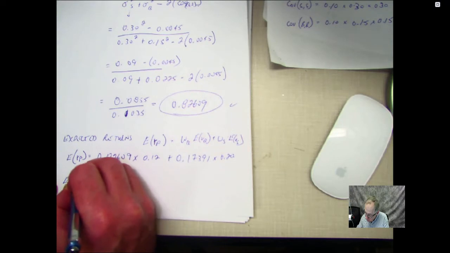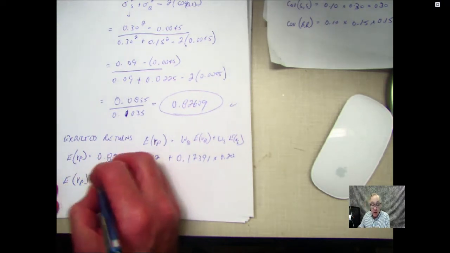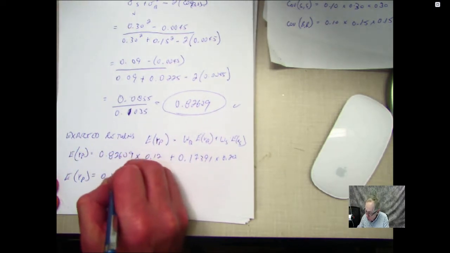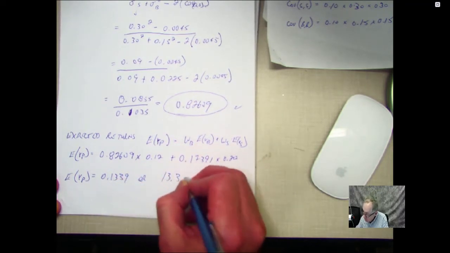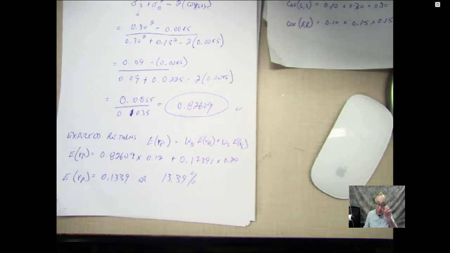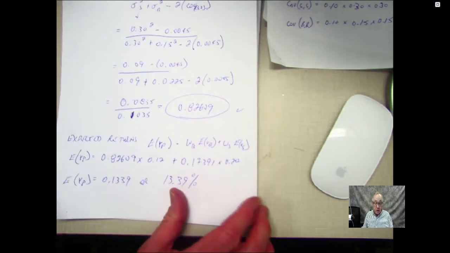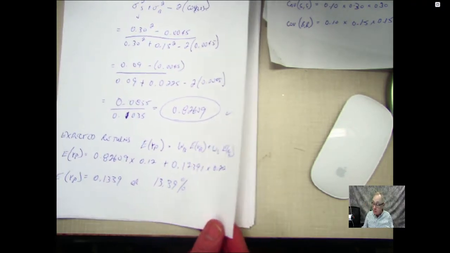Expected return on the portfolio is 0.1339 or 13.39%. So we've seen now our expected return for the portfolio.